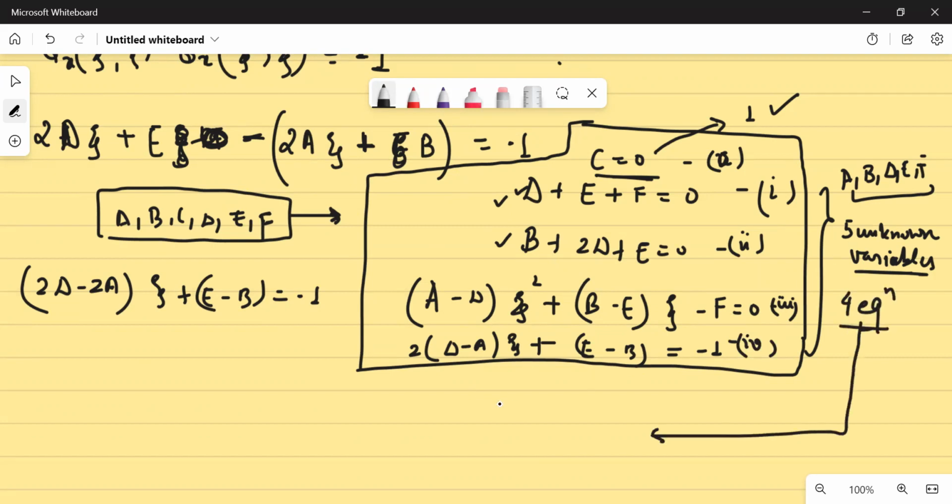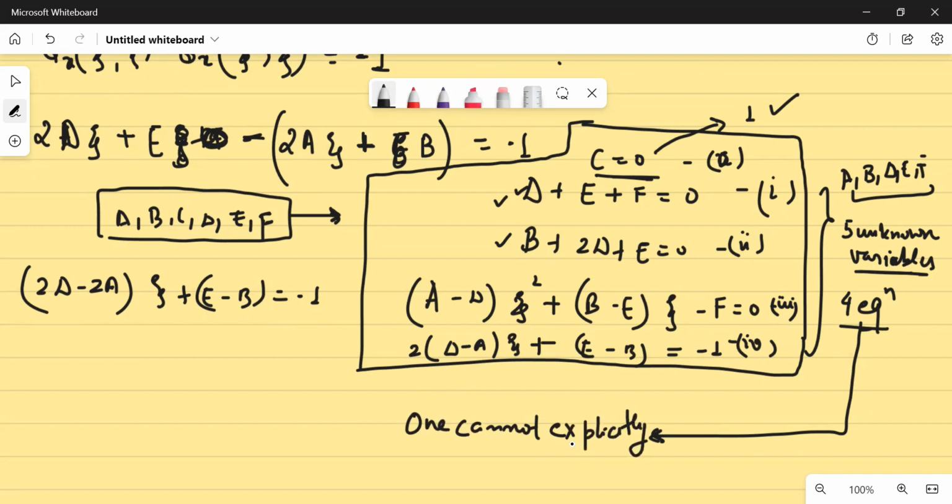So this will lead to at least an inadequacy. There will be inadequacy to find one constant. One of the constants may not be able to be found, because in totality there are 5 unknown variables and there are 4 equations. So one cannot solve it explicitly, right?